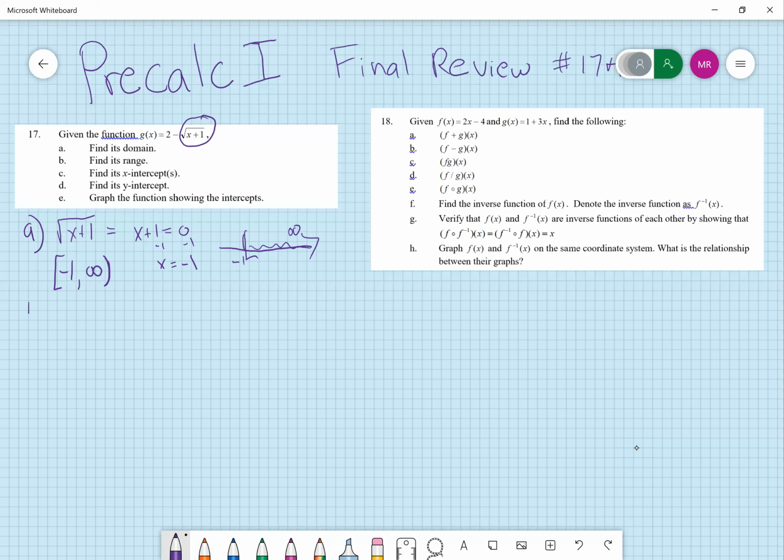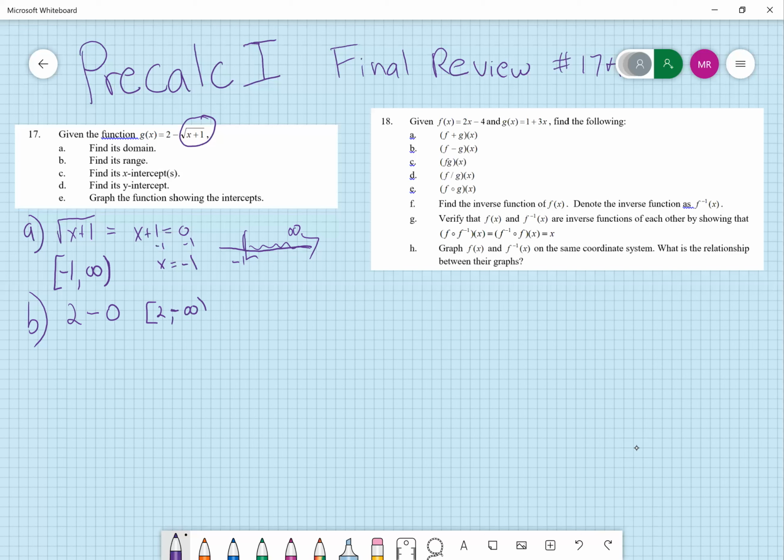The range on this one can be a little tricky because we've got this 2, and then we want to take our lowest possible x, and that's our lowest possible there. So we've got 2 minus 0. And how does that help us? We know that our range, or our y values, are 2 and anything below 2.